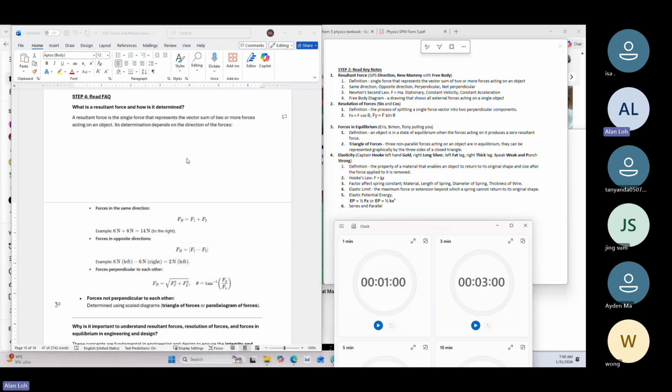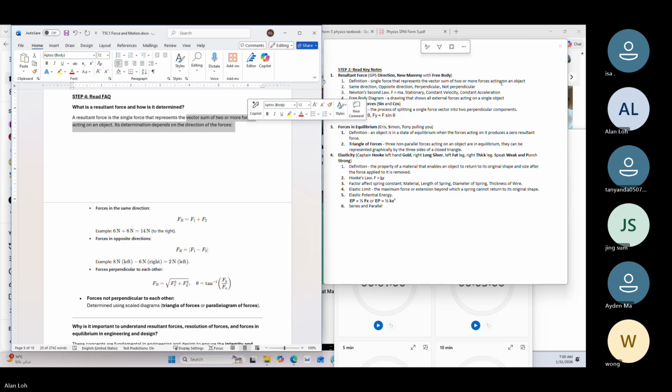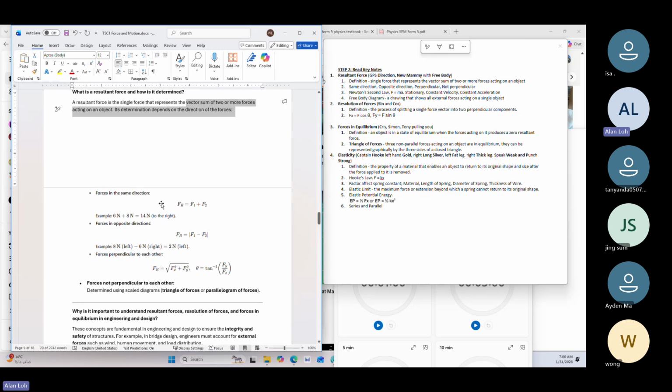Okay, so this question is about the directions. So it's here. It's about these 2 points, definition and directions. This part is talking about the vector sum of the 2 or more forces acting on an object. This is the definitions. Then you have the directions.